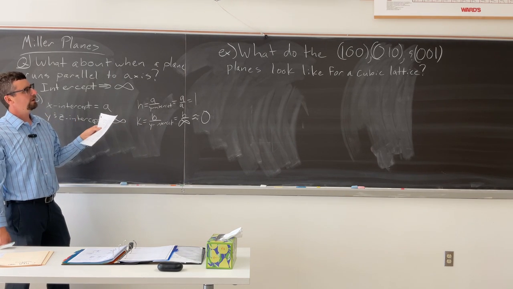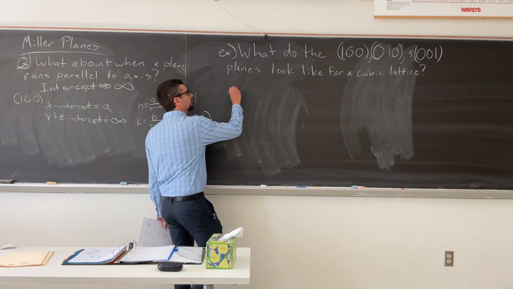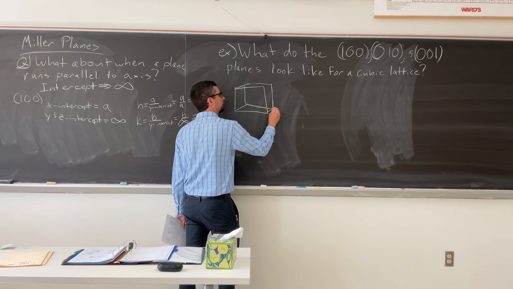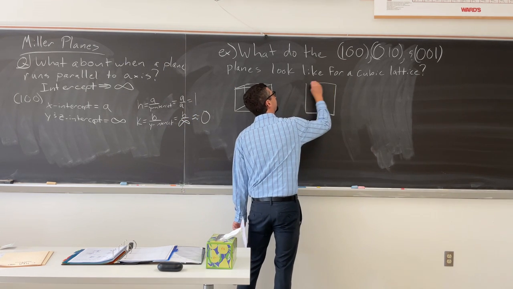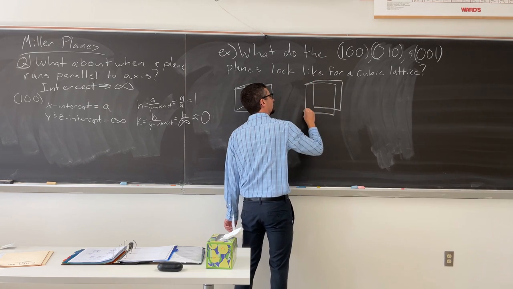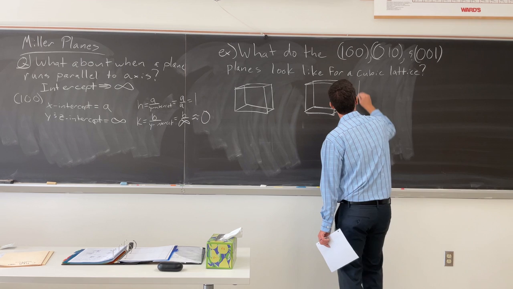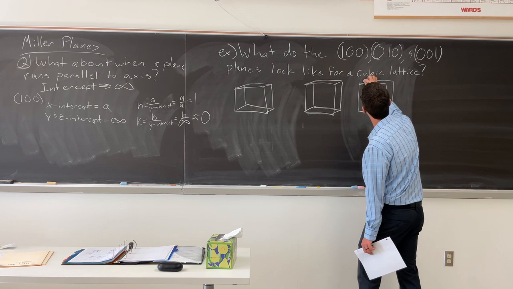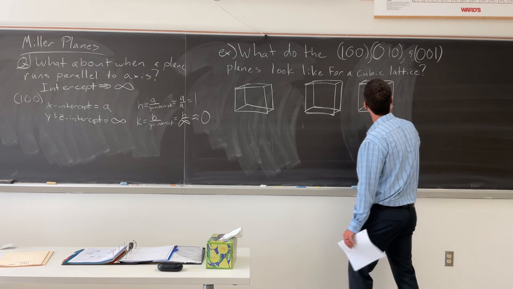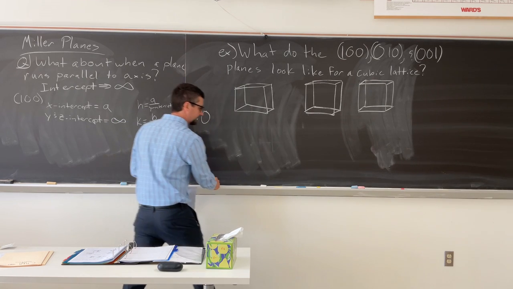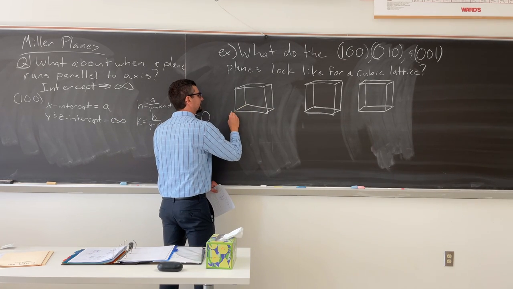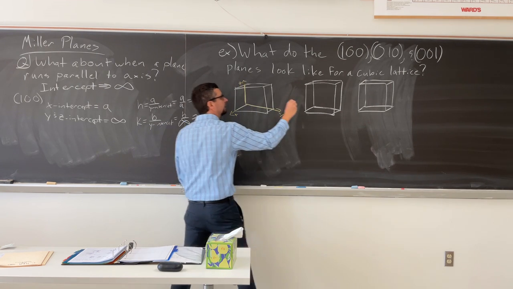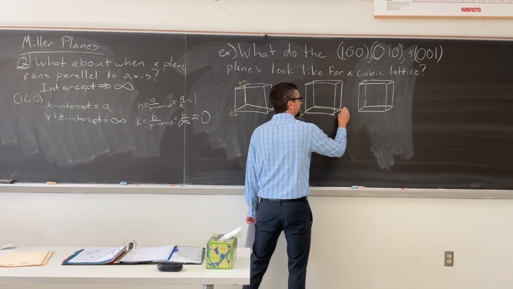Okay, so we have these Miller planes. We want to draw them for a cubic lattice. So let's draw our cubes out. Got to have 3 of them. Okay, we have to indicate our axes, X, Y, Z. They're not going to be any different for these ones.